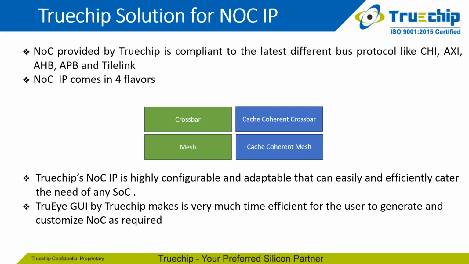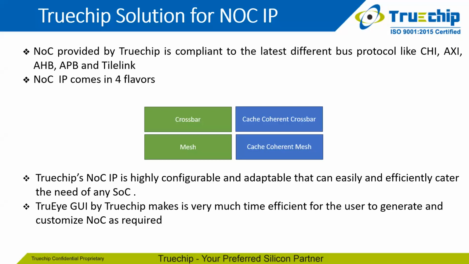These are highly adaptable and configurable, and can easily be configured to the need of any SoC. So you can plug in and configure these flavors of NOC in whatever version is required by the SoC.